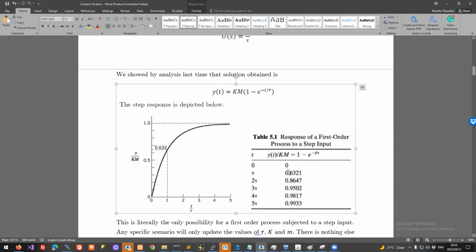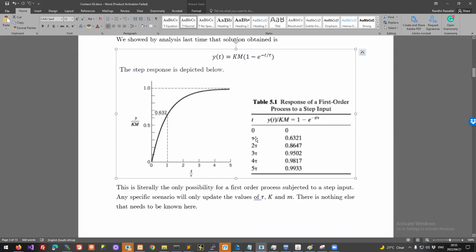Then we get all the possible values here. So this, in a way, is the most fundamental table that you can draw. These are all the values that can ever occur in the system. And all other cases are simply different values of the constants. So if you had some other process where tau wasn't 1, where tau was maybe 10 or something like that, then you can say, oh, after 10 seconds, y divided by km is this value.